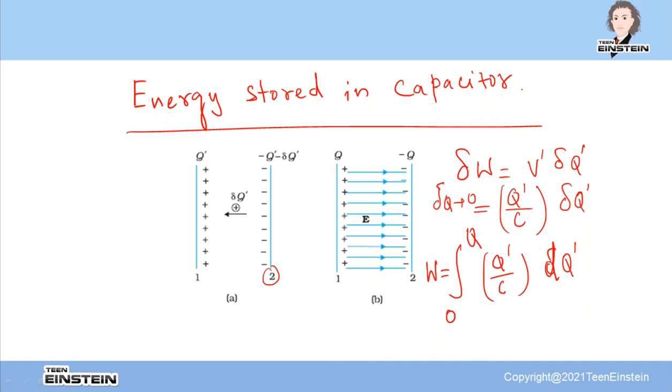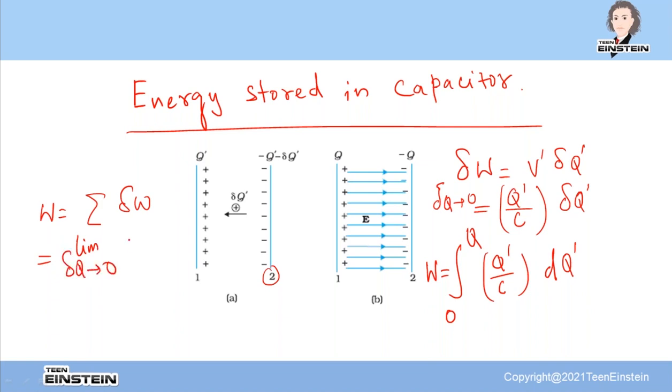This summation will be converted to integration if you take the limit delta q tending to 0, from calculus. So you can write it like this.